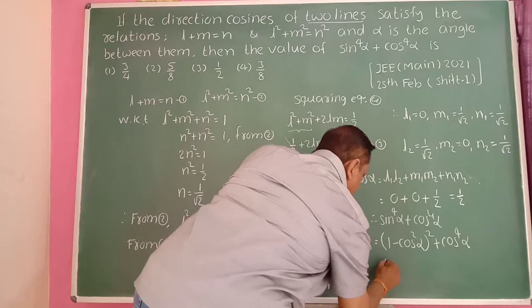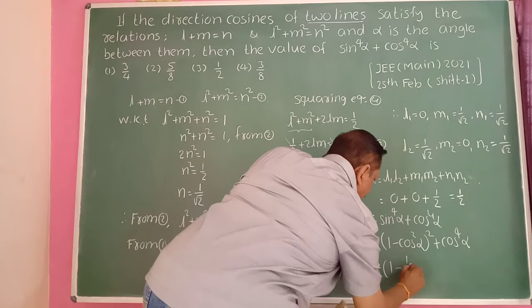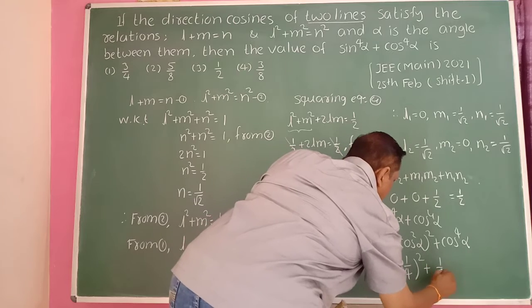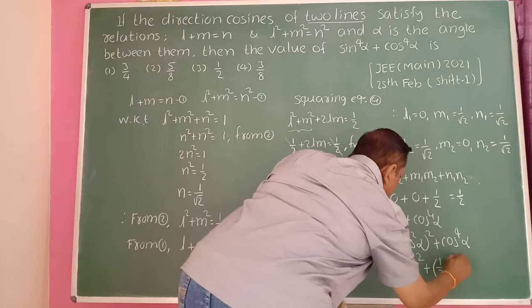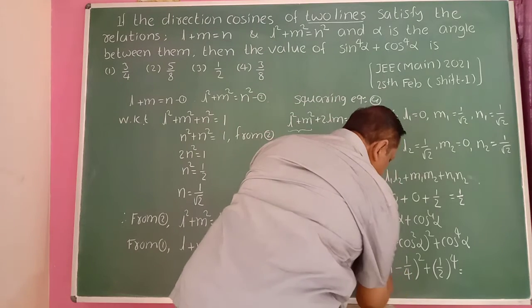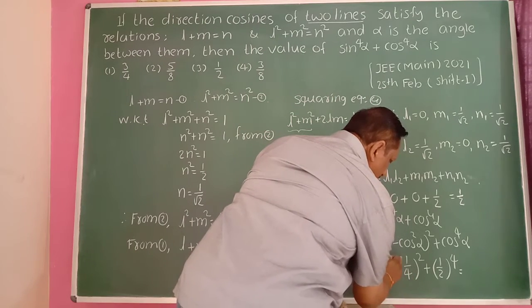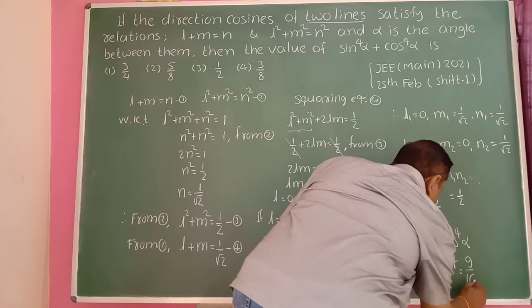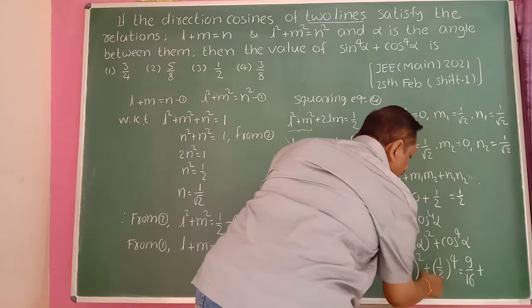Therefore this becomes (1 − 1/4)² + (1/2)⁴. That is, 4 minus 1 is 3, so (3/4)², which is 9/16.